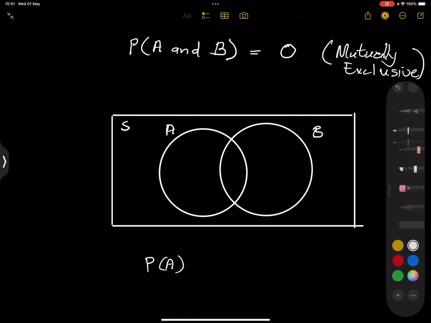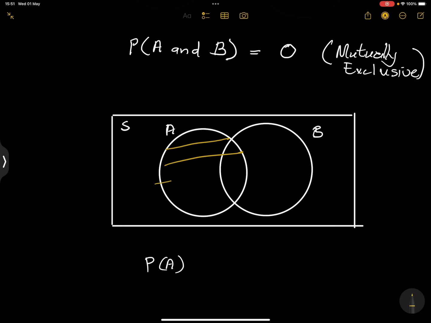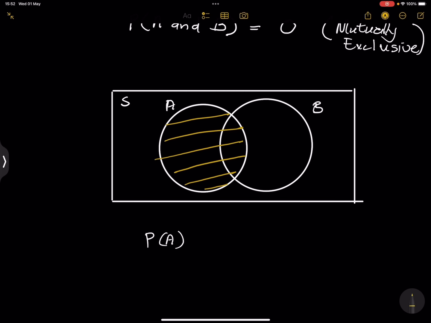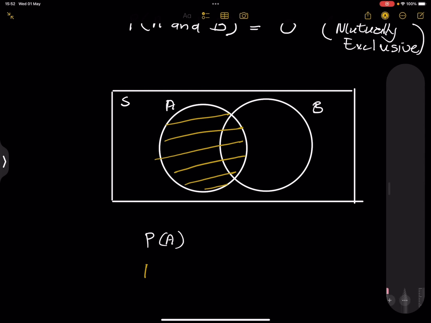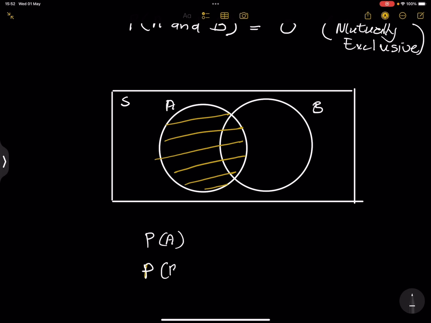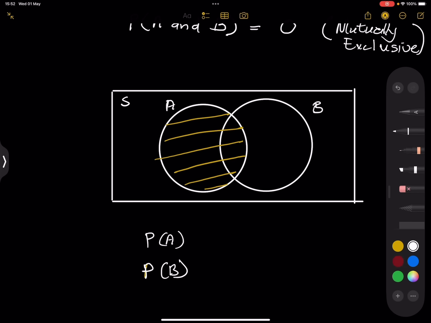So where would I find the probability of A? Everything that would be in this circle, under A, would be the probability of A. And then if I say to you the probability of B, I'm going to indicate this with the red color.